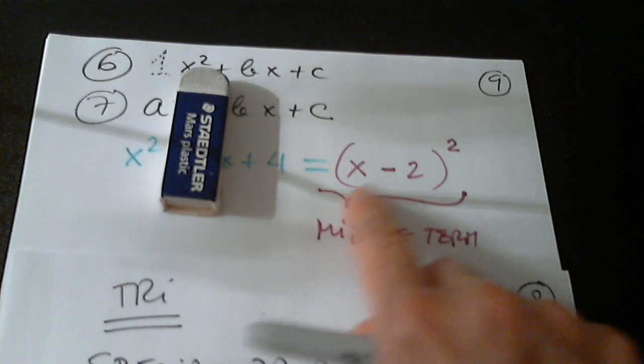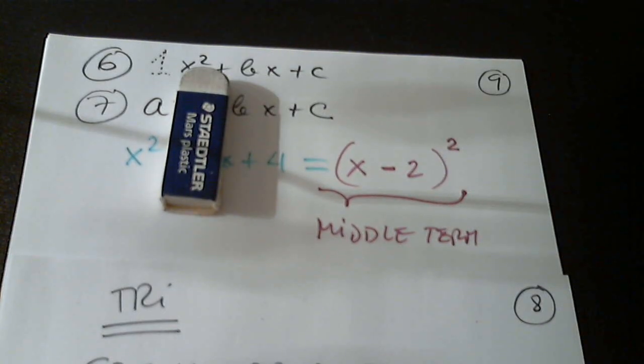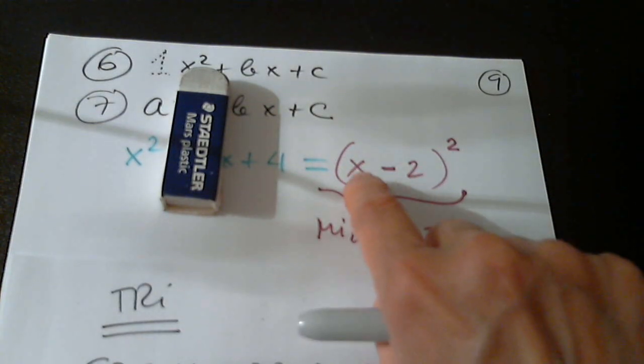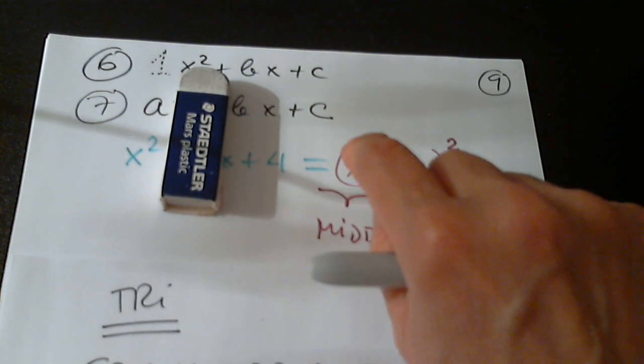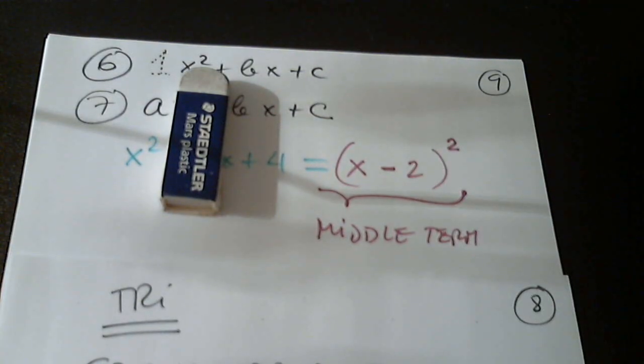So multiply these 2 and multiply by 2. And tell me what the middle term will be. X times 2, careful. You just multiply this by this and multiply by 2 afterwards.